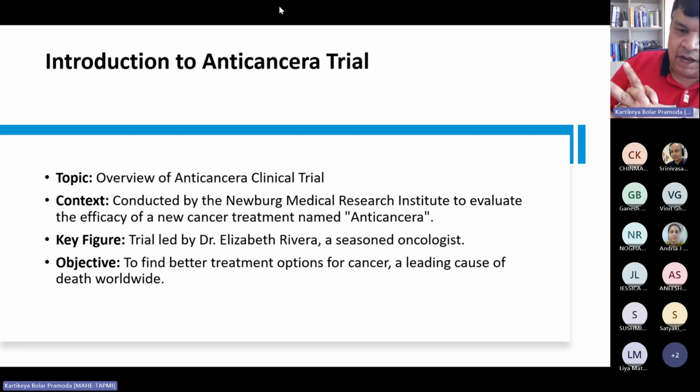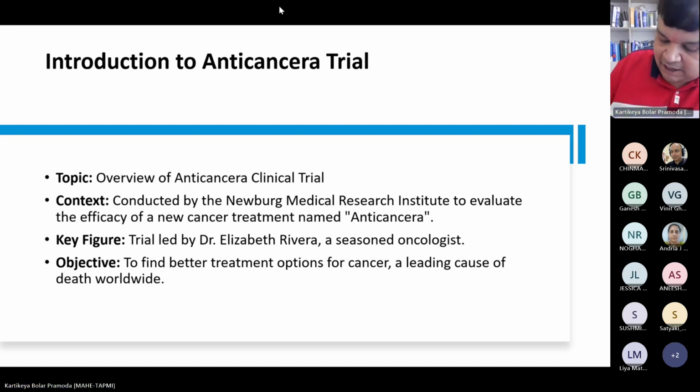Now to test this on those who are already suffering from cancer, right? So a test was done. Obviously, here the agreement of the people who undergo the test would be taken up, right? So all the ethical guidelines would be followed, right?